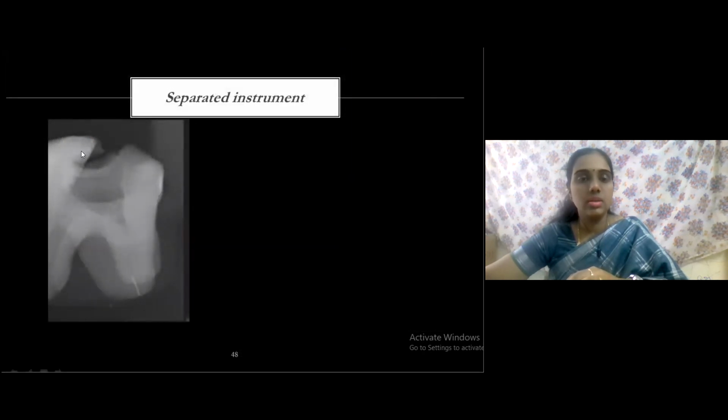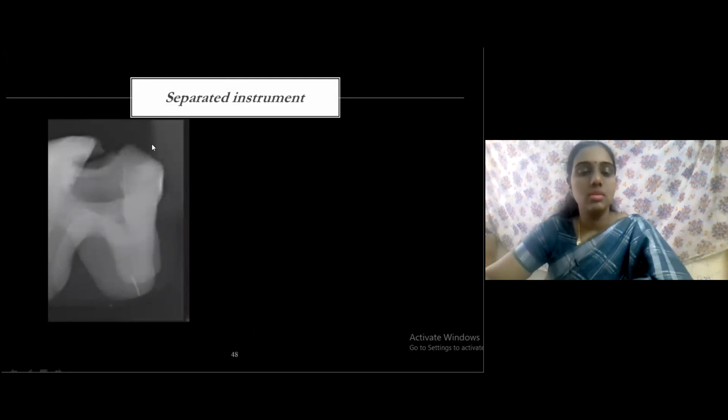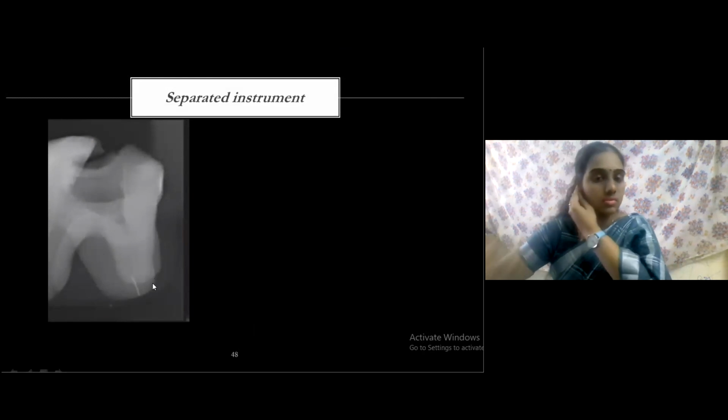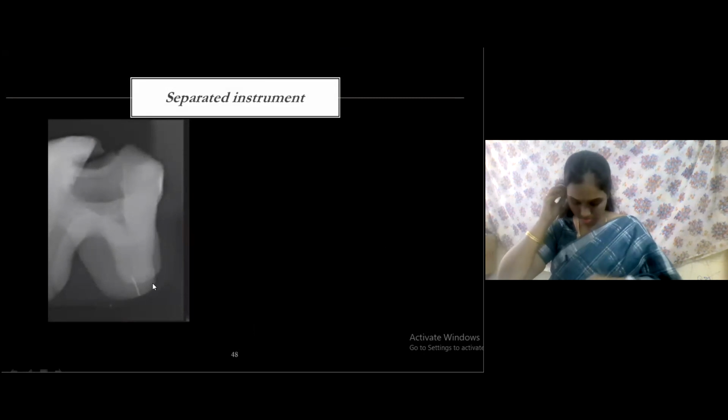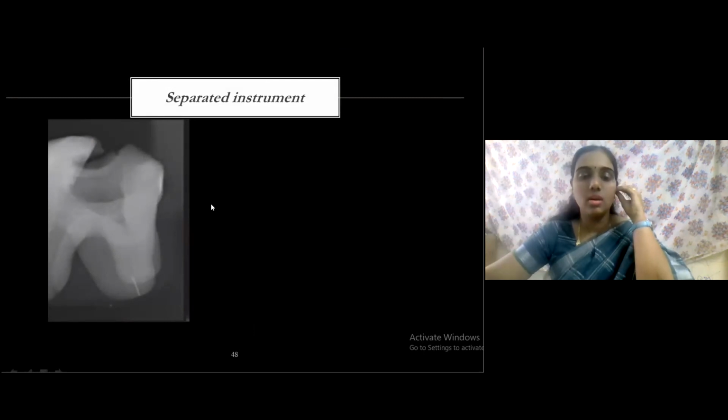Okay, this is an intraoral periapical radiograph, which is showing the separated instrument here in the apex. This separated instrument appears to be just outside the apex, it is not exactly sealing the apex, it is just in the periapical tissue. It appears to be like that.